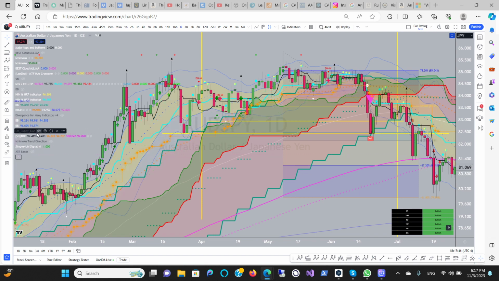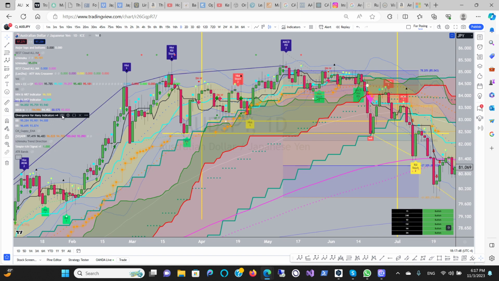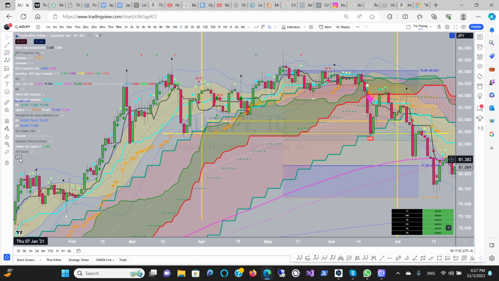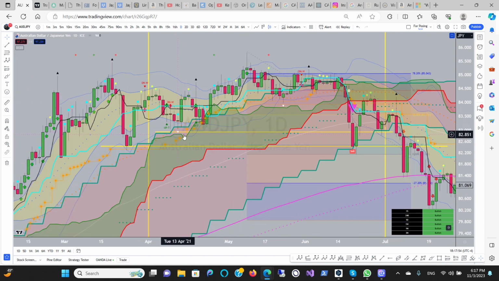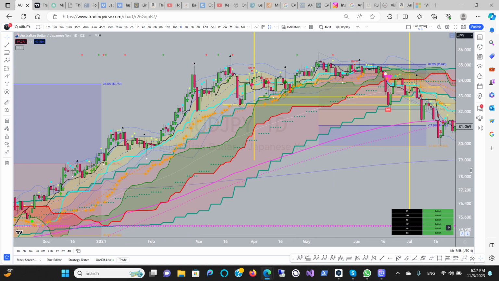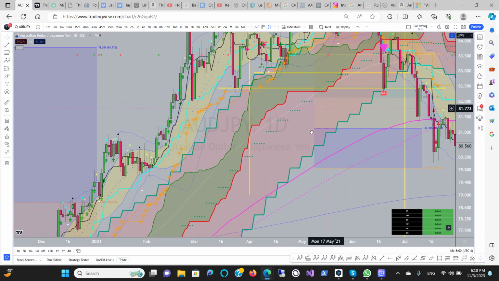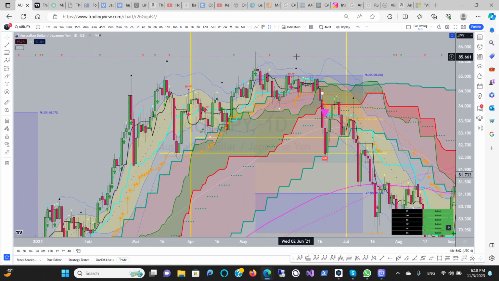Take off the guppy quick. And we see these weekly lows here. Price came here on the daily chart. We can see price just collapse down, pull back up here on June 24th.